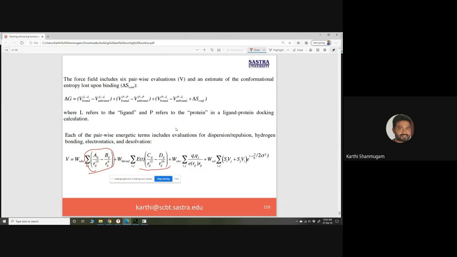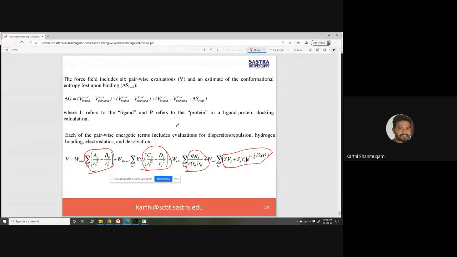What I'm trying to say is that if you take any commercial or very standard molecular docking software, they may use a very complex scoring function. It is not essential that we understand all the terms present, but we have to understand that the mathematical expression for calculating the energy for scoring which pose is the best pose is going to be very, very, very complex.